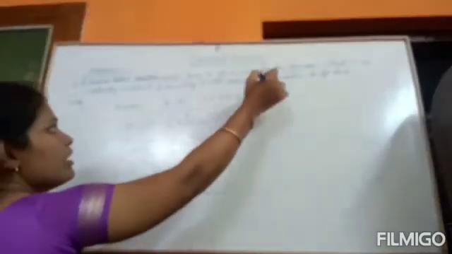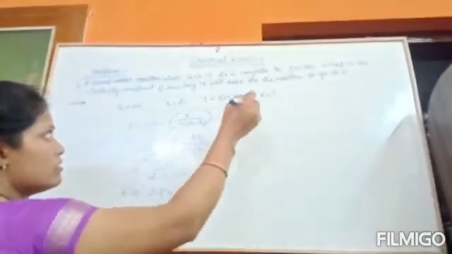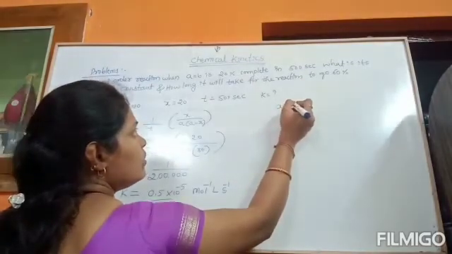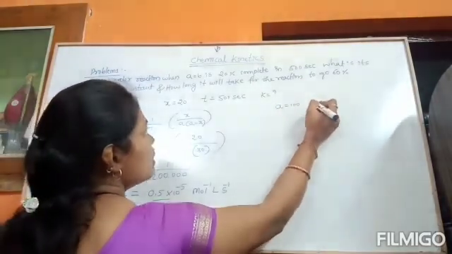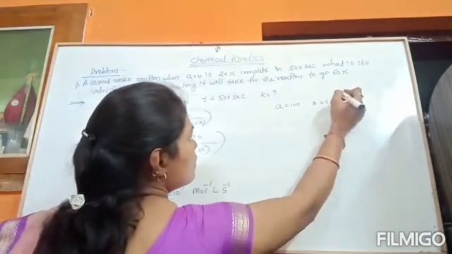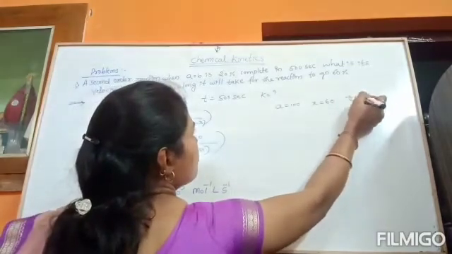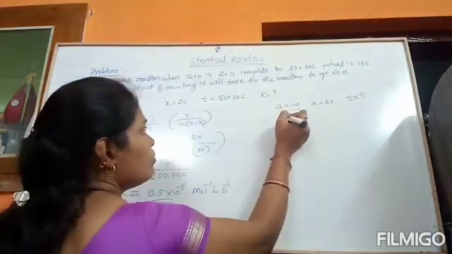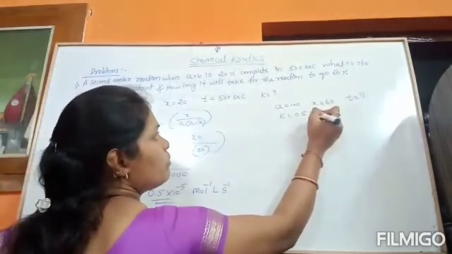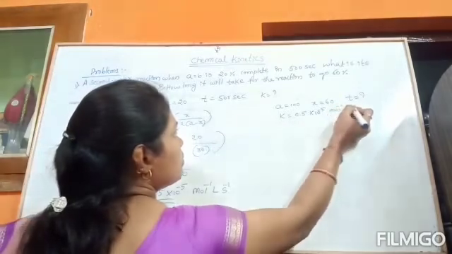How long will it take for the reaction to go 60%? For 60%, a is equal to 100, x is equal to 60. Then they asked the time. K we already know, that is 0.5 into 10 to the power minus 5 liter per mole per second.